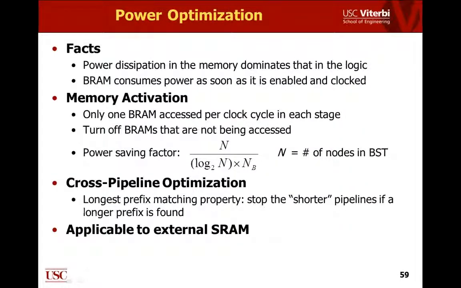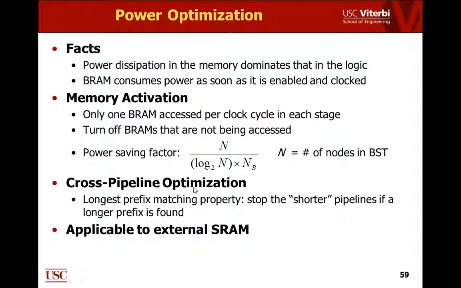For power optimization, the important idea to notice here is that because I've partitioned the complete space of prefixes, I'm going to be activating only one of those; one particular path is going to be followed in the routing. Therefore, if n is the total number of nodes in the particular range tree I'm implementing here, I'm only going to be traversing a particular path.